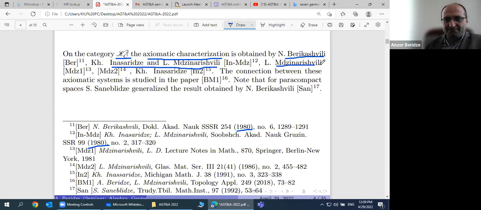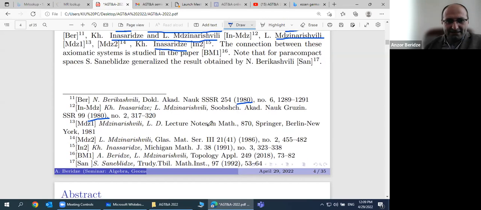Later, there are Tsinarishvili's paper and Inasaridze's paper, again with another axiomatic characterization. It is very important that Inasaridze used an injective abelian group. If the coefficient group is injective, then we have not only the modified continuity property but just a continuity property, and this is enough to prove the uniqueness theorem of exact homology theory.